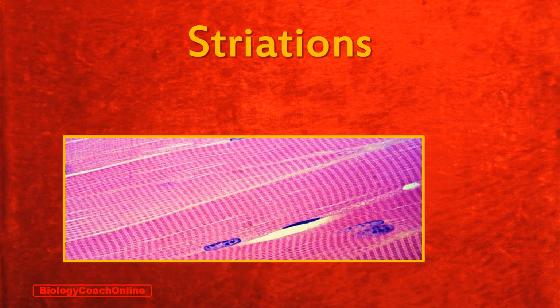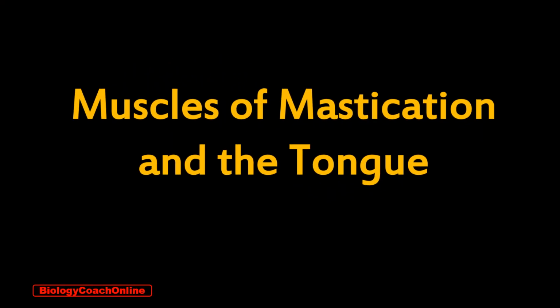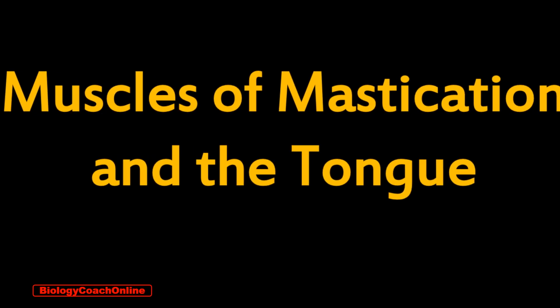Striations are not unique to skeletal muscle. Cardiac muscle has striations as well. Smooth muscle does not. Striations are very distinctive in the microscopic presentation of skeletal muscle. So in the next lecture, we will locate and identify the major skeletal muscles of mastication and the tongue. So I'll see you shortly.